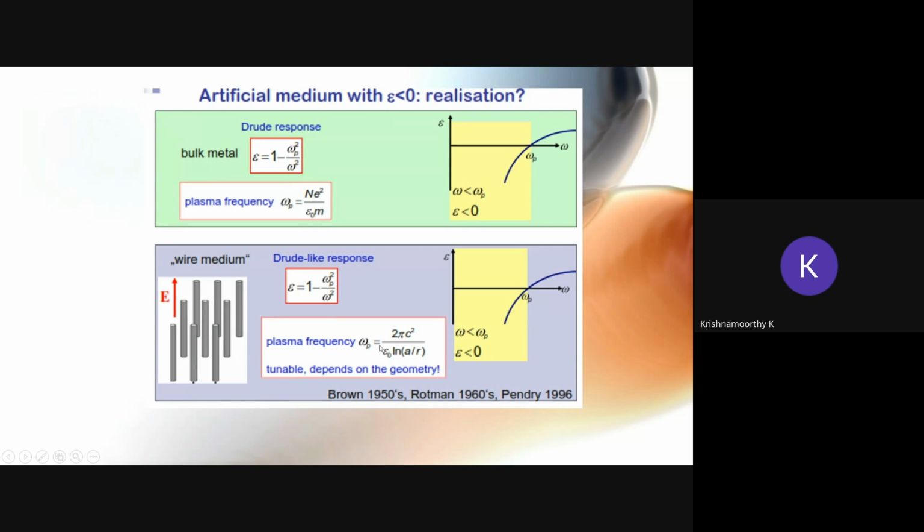The frequency we can determine using the periodicity and the radius of the rod. Using that we can change the frequency of the negative permittivity. Whenever you require a negative epsilon value, we can use this kind of arrangement, which gives a negative permittivity value.